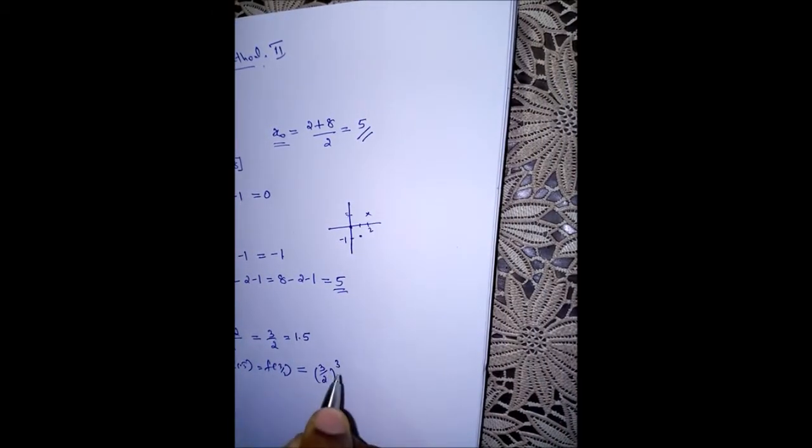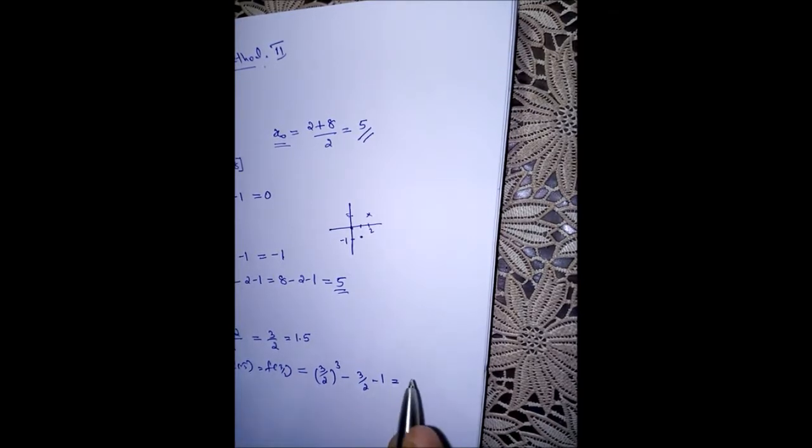You will get 3 by 2 whole cube minus 3 by 2 minus 1, which is equal to 27 by 8 minus 3 by 2 minus 1.